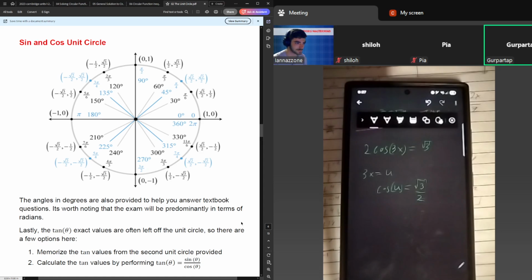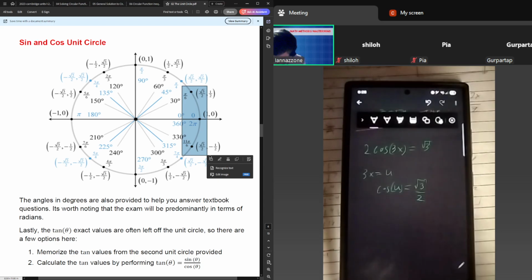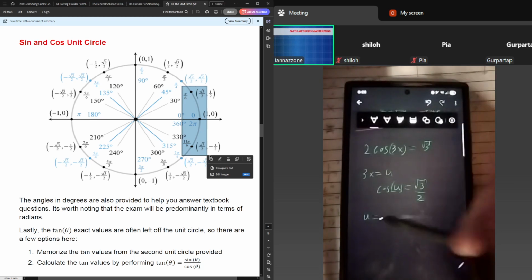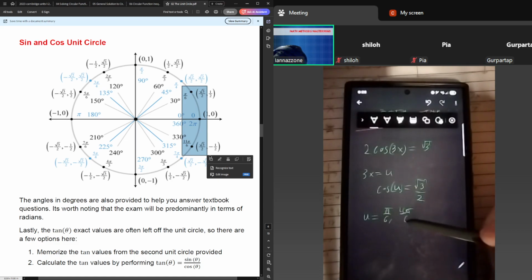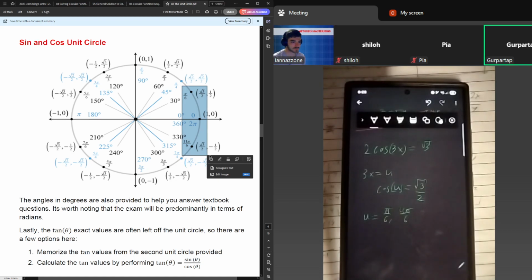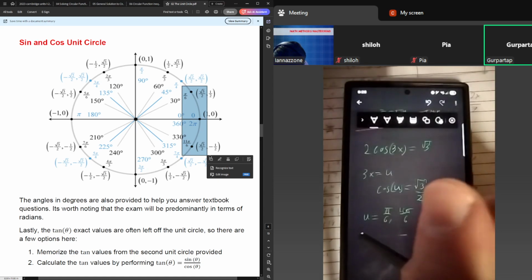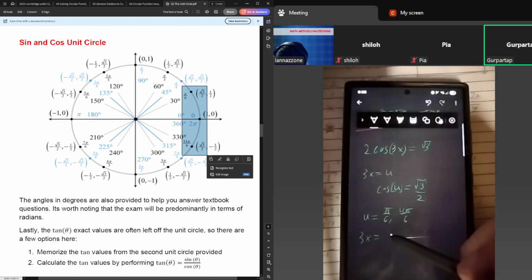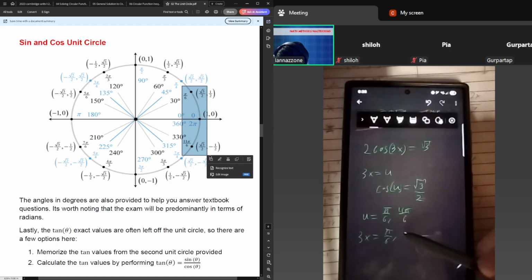So which would be pi on 6 and 11 pi on 6. Pi on 6 and 11 pi on 6, correct. That's those two there. So we've got specifically u equals pi on 6, comma 11 pi on 6. Yep. And then you just do 3x equals pi on 6 and the same for 11 pi on 6. 3x equals pi on 6, comma 11 pi on 6, like that.